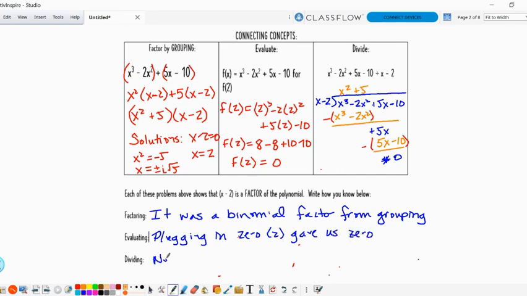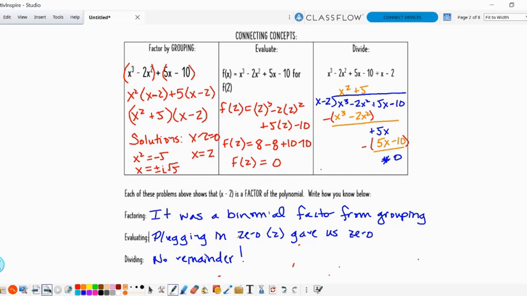And then we divided, and we had no remainder. So all of these things are telling us something important about x minus 2. It's a factor. The factor of x minus 2 gives us a zero of positive 2. And when we divide that polynomial, because it is a factor, we have no remainder.